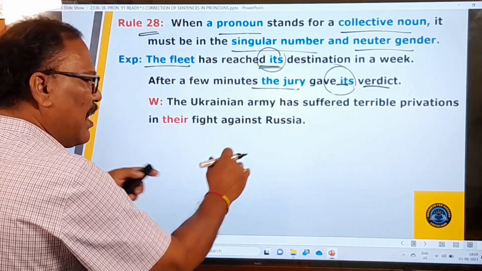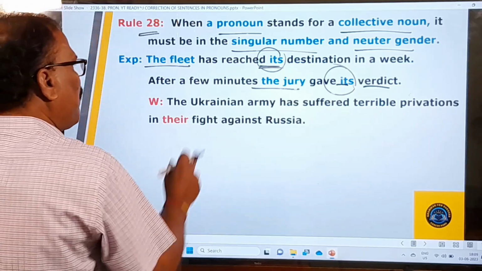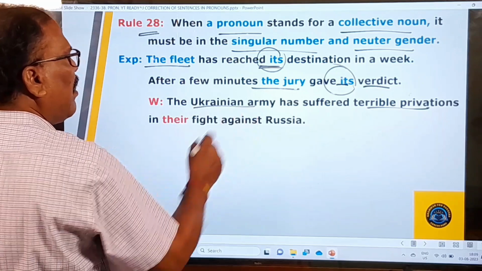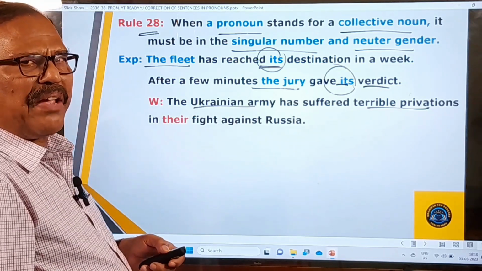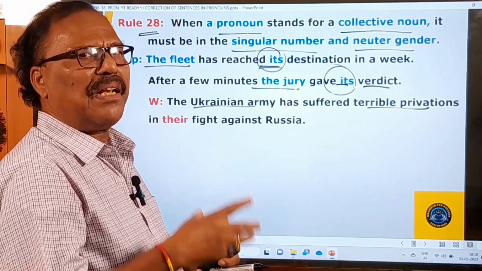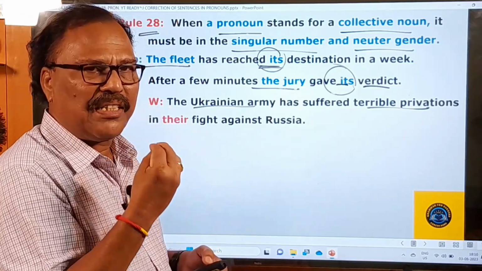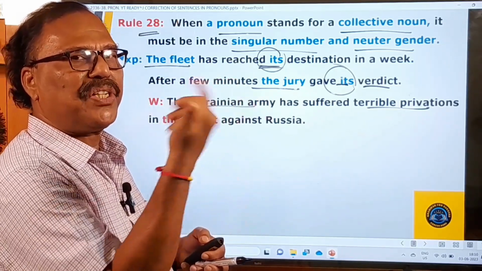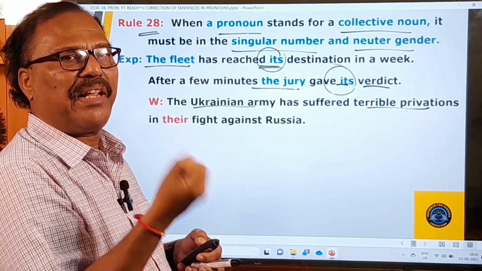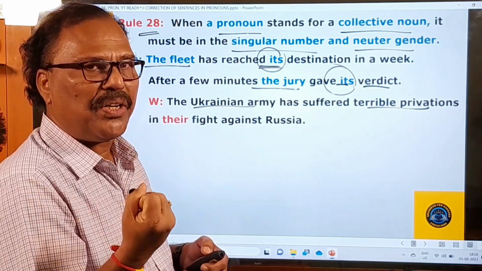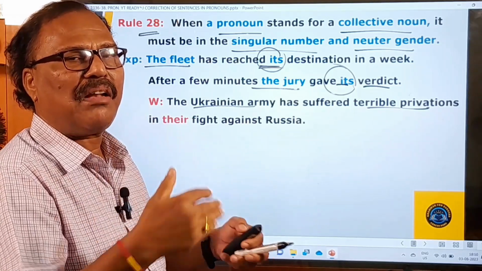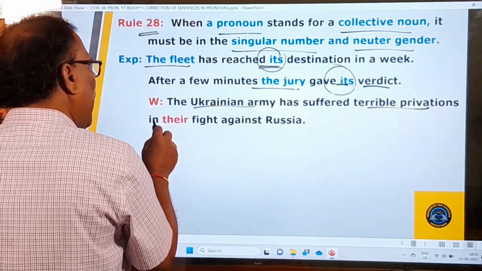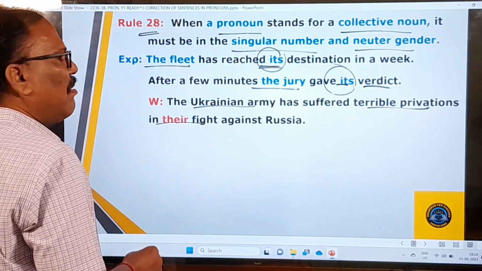In the same way, in other sentences also, the same rule should be applied. The Ukrainian army has suffered terrible privations in their fight against Russia.